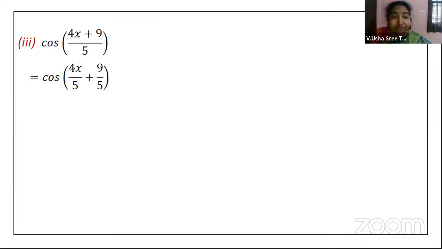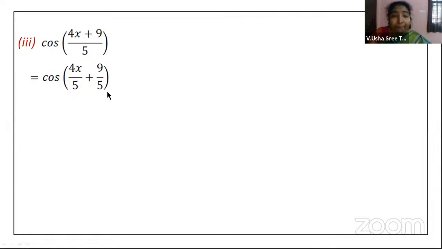Now we'll see another problem. If you have a problem of this type, cos of 4x plus 9 by 5. This is what we were seeing in the note part of the conclusions. So I can take this 5 for both the terms separately in the denominator. So we are writing for our convenience as cos of 4x by 5 plus 9 by 5.